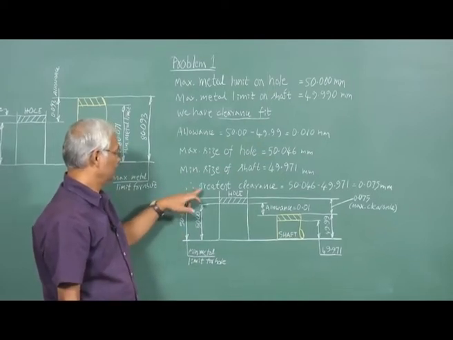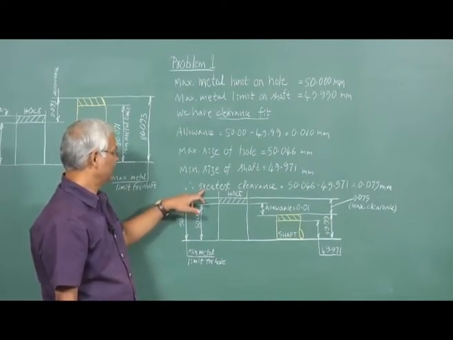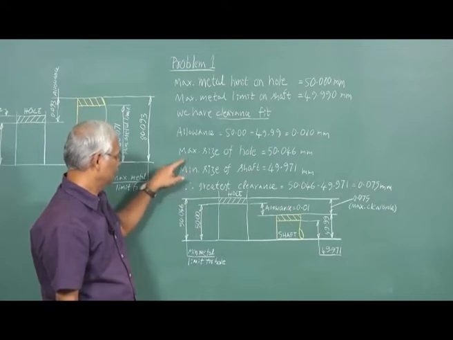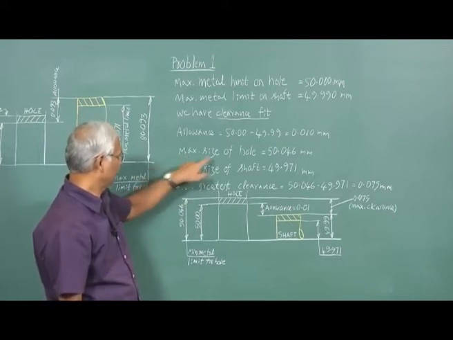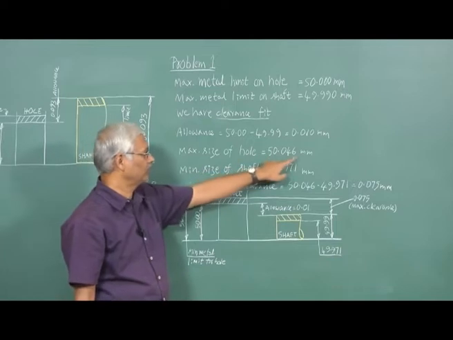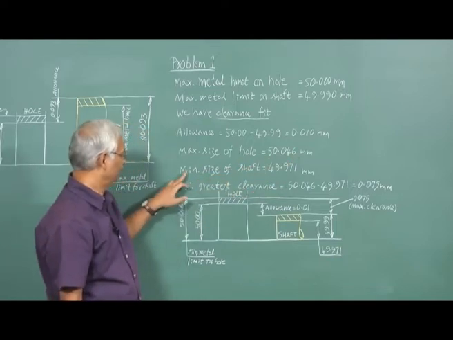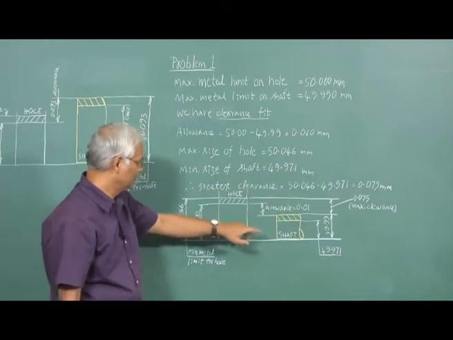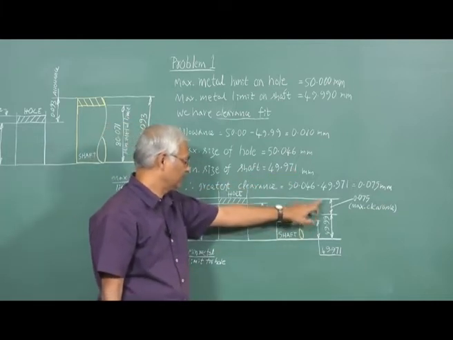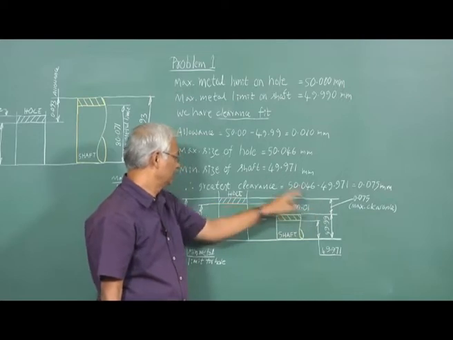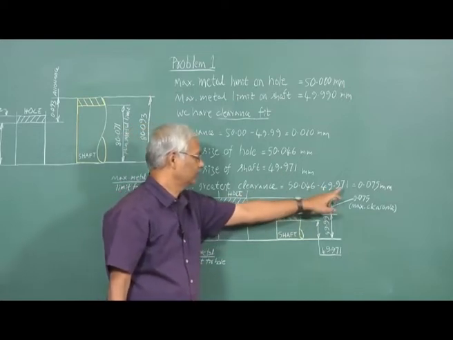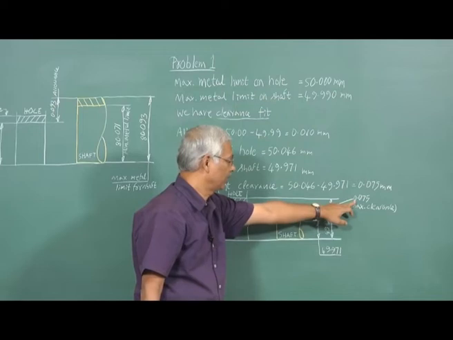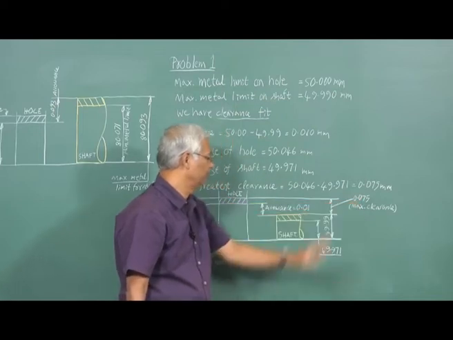Now the amount of clearance is the difference between the maximum size of the hole, that is 50.046 millimeter, and the minimum size of the shaft, that is 49.971 millimeter. This difference gives the greatest amount of clearance, that is 0.075 millimeter.